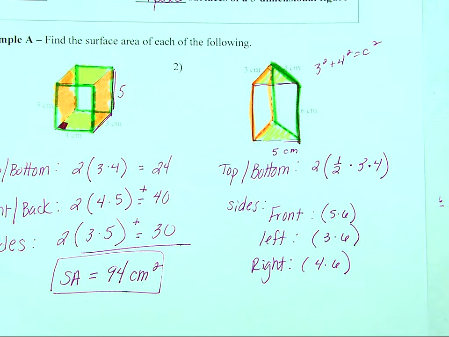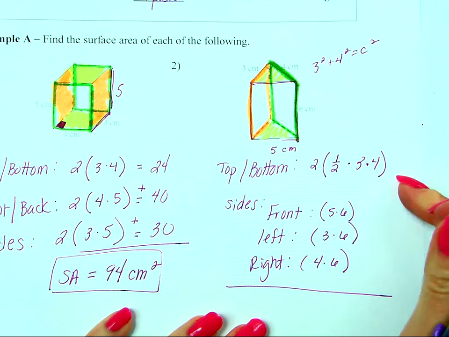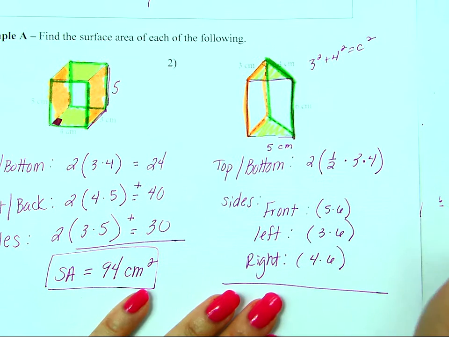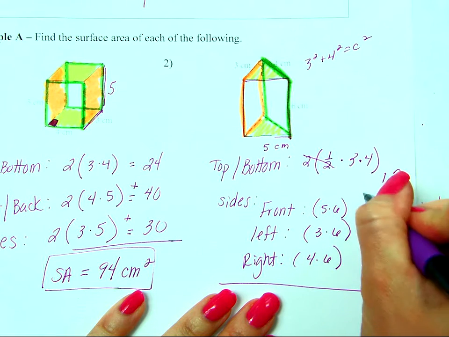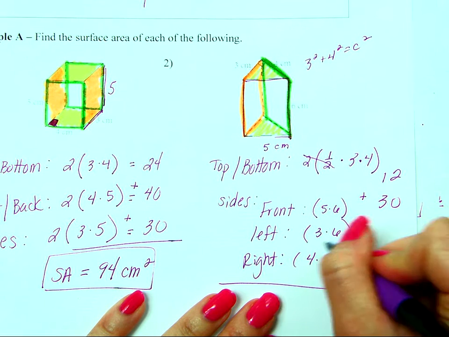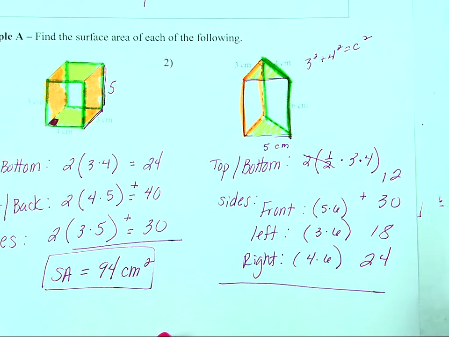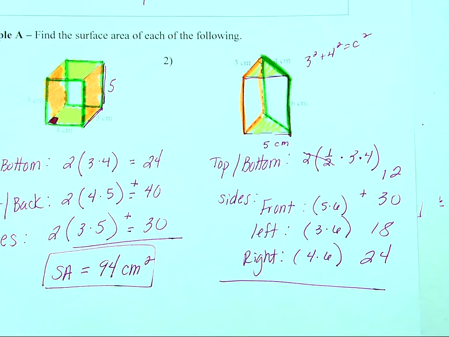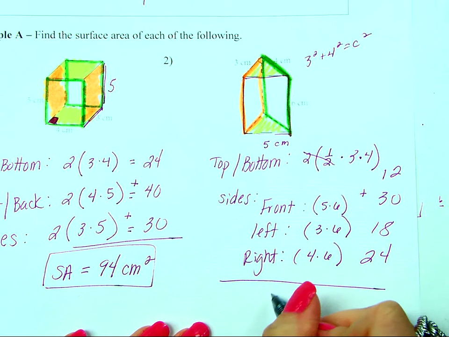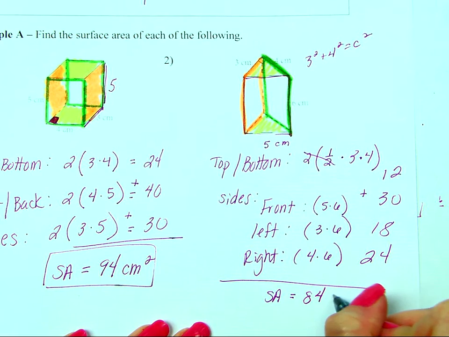Finding surface area is a lot of keeping track of numbers. In the end, I'm wanting to add each of these surfaces together. Here, I can see I have 12 plus 30, 18, and 24, and we would add all of those up, and we would find a grand total, my surface area, to be 84 square centimeters.